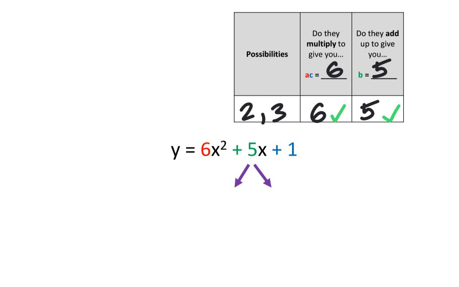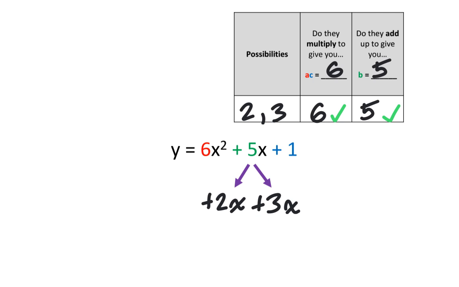If you remember, this method is called decomposition. We are now going to decompose this center term, positive 5x, into smaller pieces. So I'm going to decompose it into positive 2x and positive 3x. You'll notice that I got this positive 2 from over here and this positive 3 from over here.